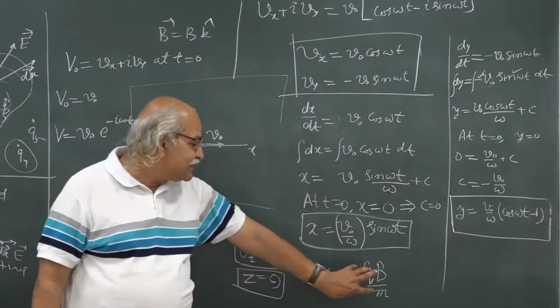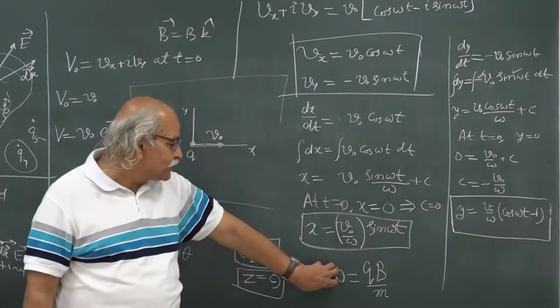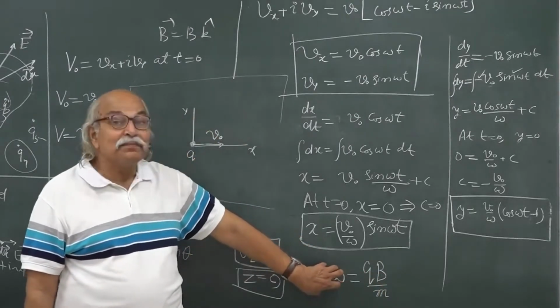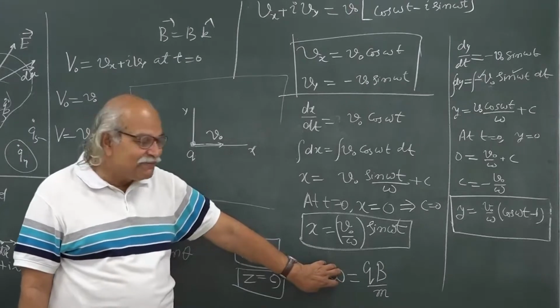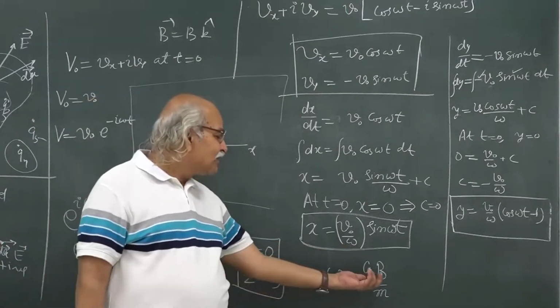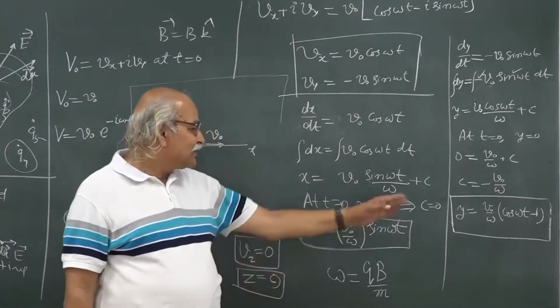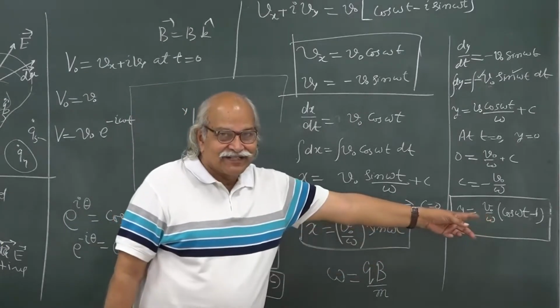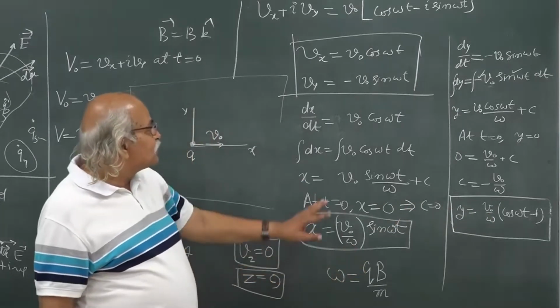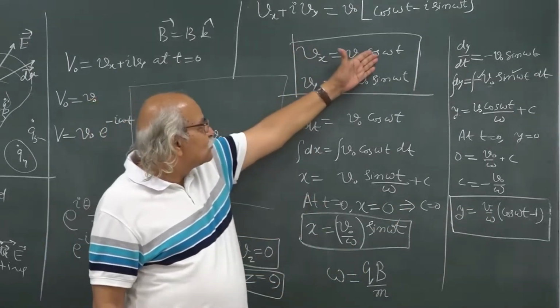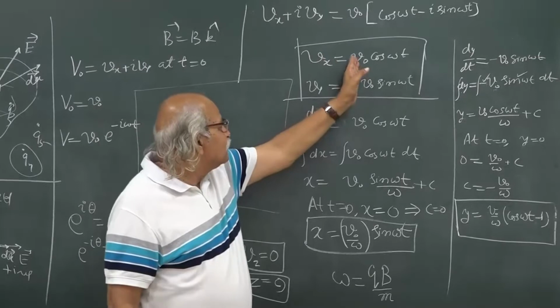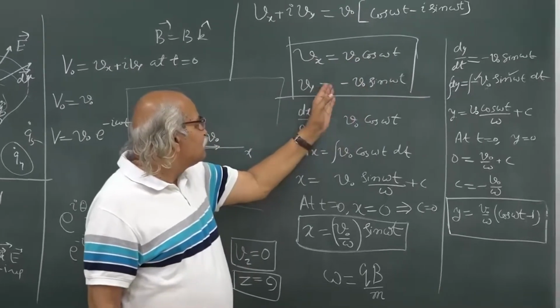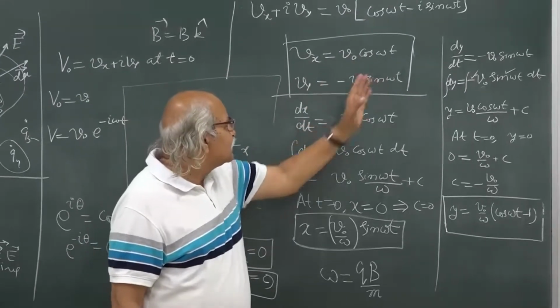This quantity is named omega, and it is a very appropriate name, because if I call this omega, then your x and y come as sin omega t and cos omega t. And velocities are also derived. vx is equal to v naught cos omega t, and vy is minus v naught sin omega t.